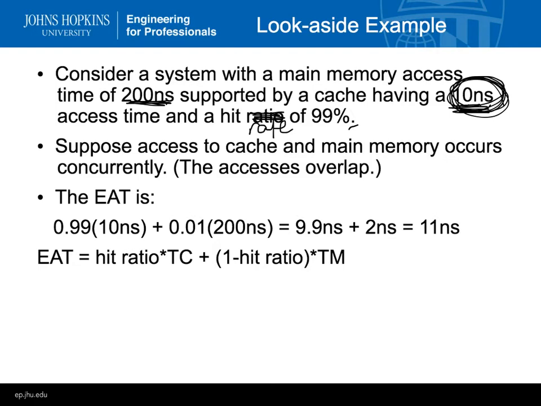And so we're doing look aside, which means the access occurs concurrently. So the effective access time would be 99% of the time it takes 10 nanoseconds, and 1% of the time it takes 200 nanoseconds. So the average access time is 11 nanoseconds.